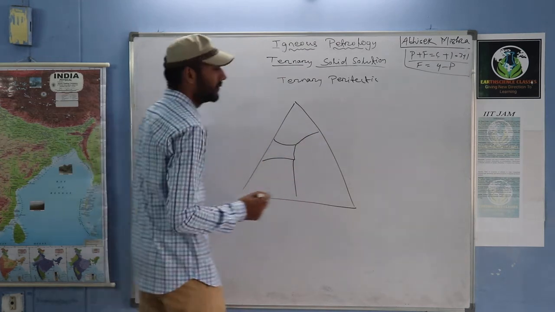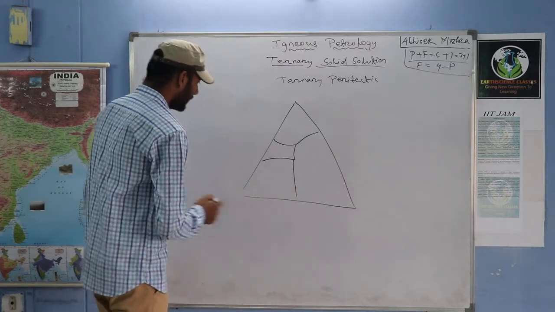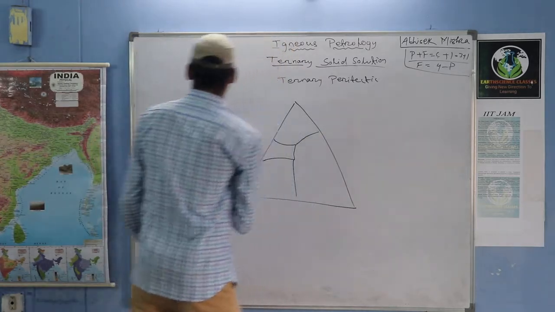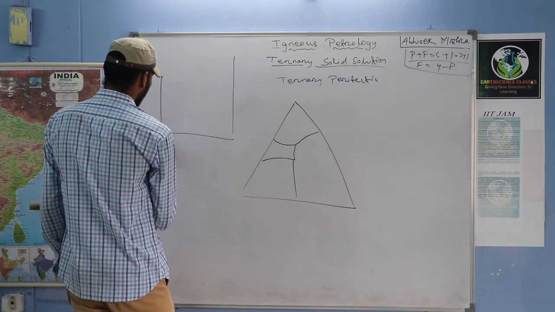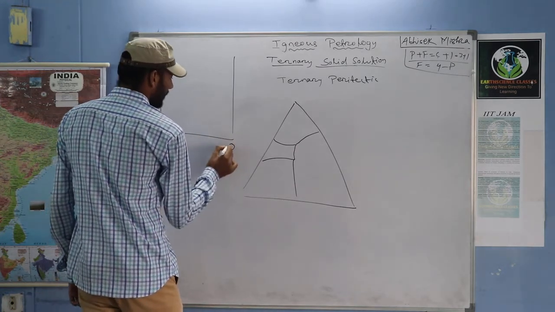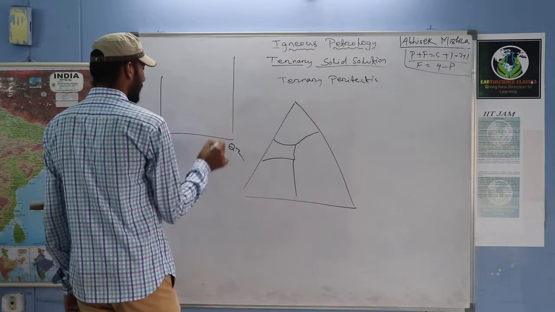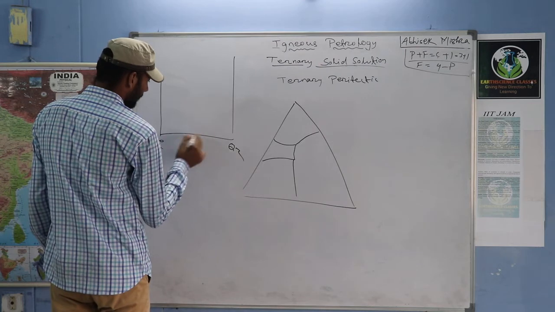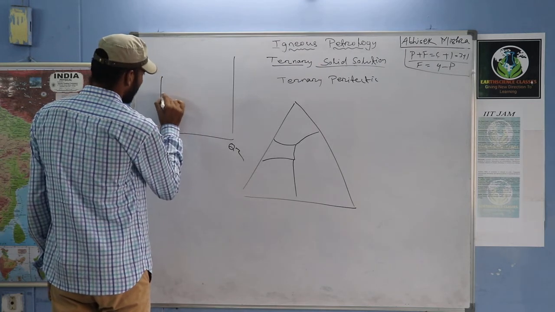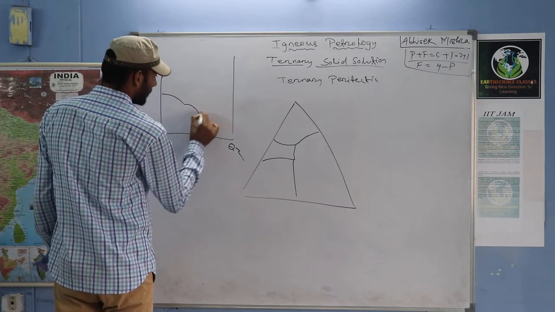So, what is the example in ternary peritectic? In binary peritectic, the example is here. Let's say leucite and quartz. In between, we are getting orthoclase, right? So the binary peritectic example is like this.